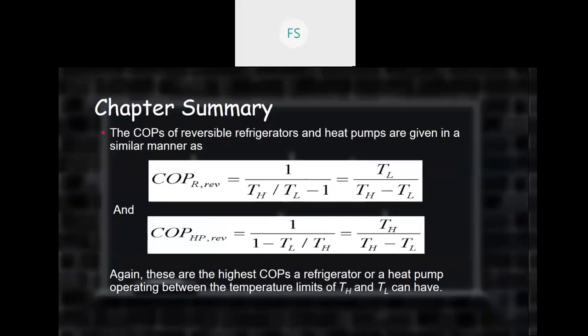And then the COPs of reversible refrigerators and heat pumps are given in a similar manner as shown in this slide. Again, these are the highest COPs a refrigerator or a heat pump operating between the temperature limits of TH and TL can have.